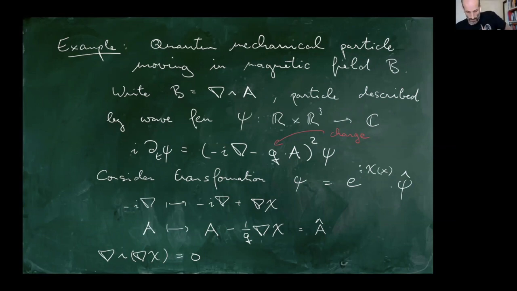Now, the interesting thing: classically, in electrodynamics, we always think that the only things that are observable are the magnetic field and the electric field. The potentials, we just think of as some kind of trick or a way of describing them, but not as something fundamental.